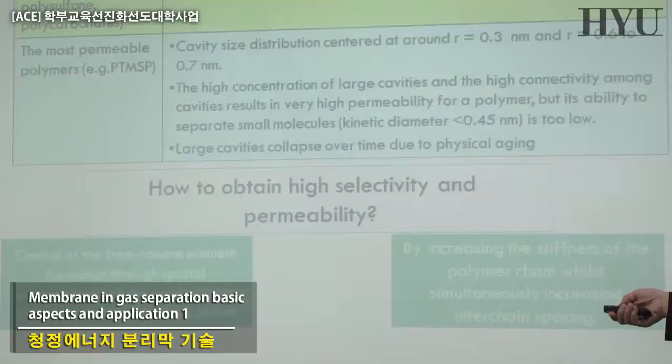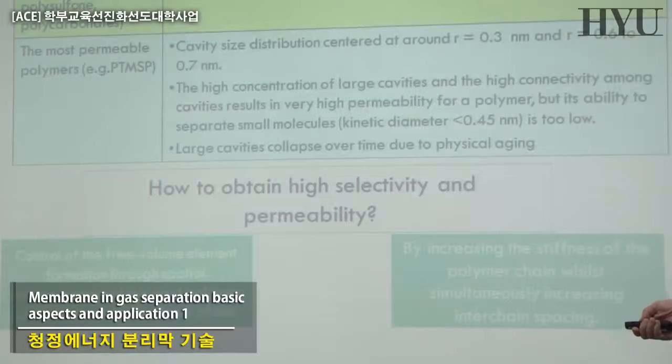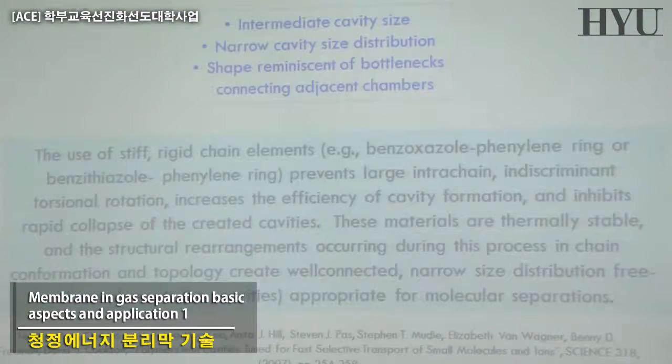Or we have to control the free volume element formation, how this free volume is formed, through spatial rearrangements of the rigid polymer chain segments in the glassy phase. These two approaches, these two strategies, can be of interest for solving the problem.